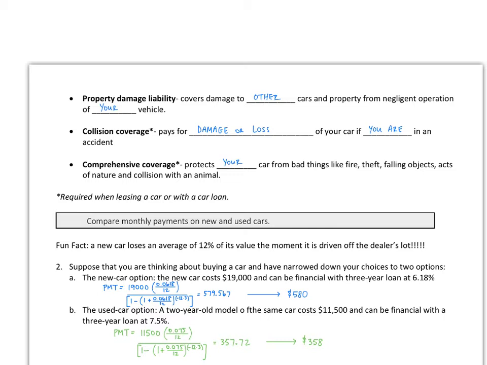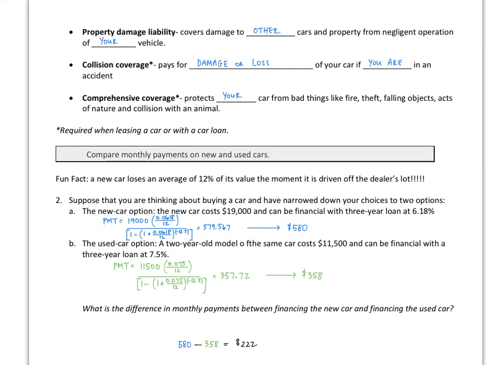Okay, so now let's talk about comparing monthly payments on new versus used cars, because a new car loses an average of 12% of its value the moment it's driven off the dealer's lot. So it may not always be worth your while to get that brand new car when you could buy a used car.